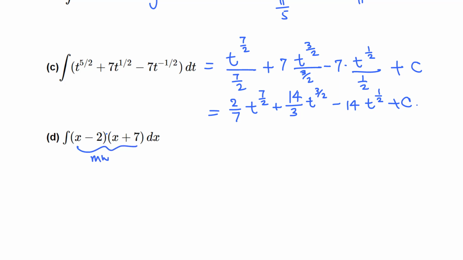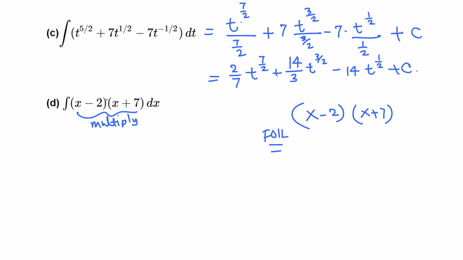Binomial times binomial is sometimes called FOIL: first terms, outer, inner, last. You just multiply this way. x squared is the first. Outer: x times plus 7, 7x. Inner: minus 2x. Last: minus 14.